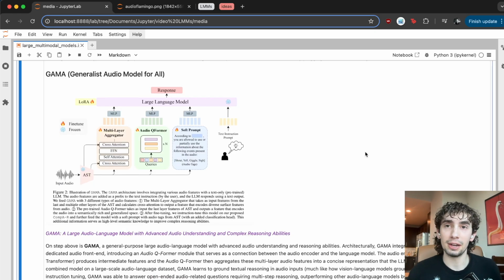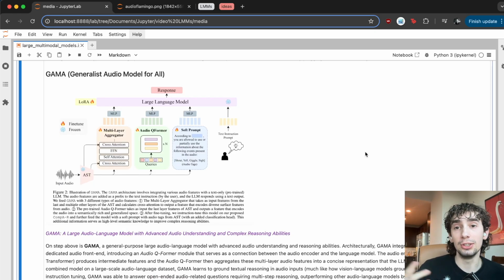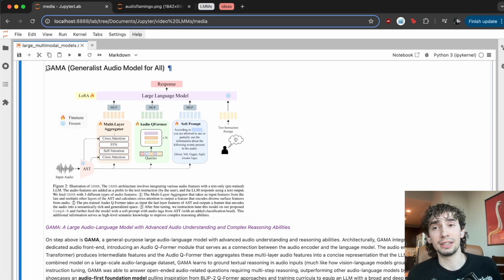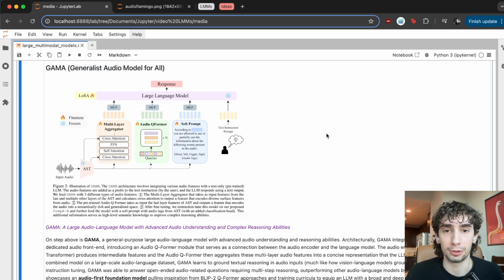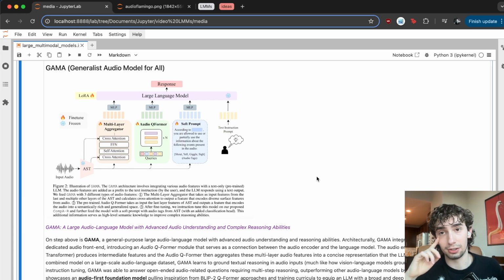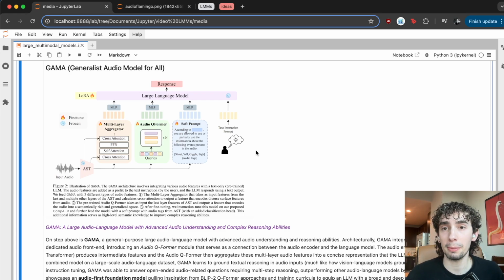And not to stop there, the powerful idea of the Q-Former was also applied to audio with something like the GAMA model here, or Generalist Audio Model for All. Using similar techniques to what we saw with things like InternVideo2 or the ClipFormer model, we're able to pass in all of the audio features and have a couple other things around it that help aggregate all of the information that we're seeing from audio.